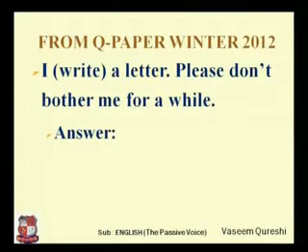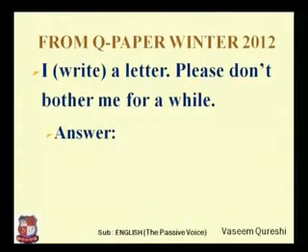But the second sentence, which is in the form of imperative style, "Don't bother me for a while," indicates that the action of writing is going on at the moment, and that's why it is in present continuous tense. The second thing we have to identify is whether the sentence is in active mode or passive voice.